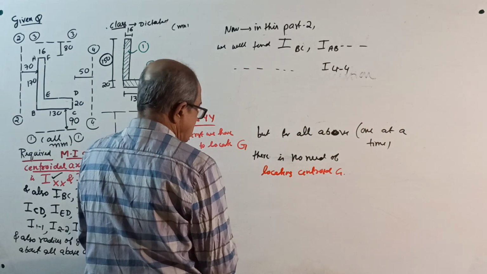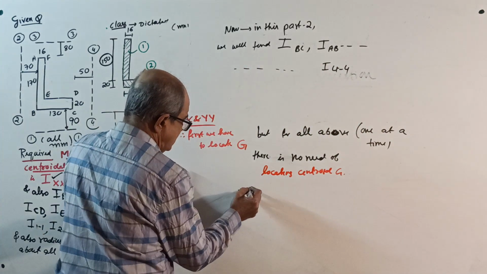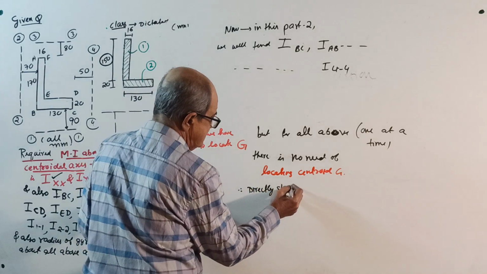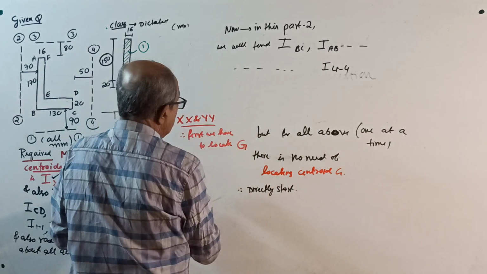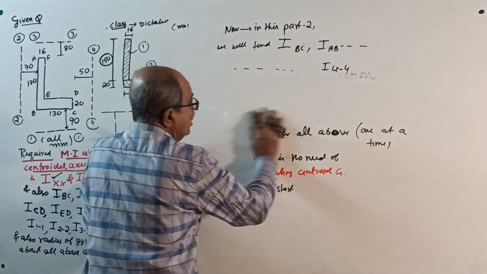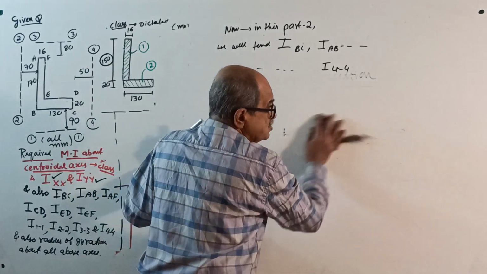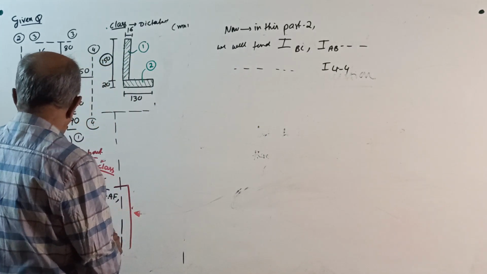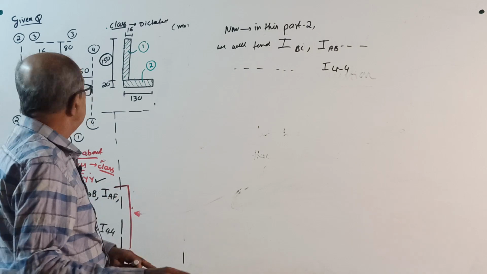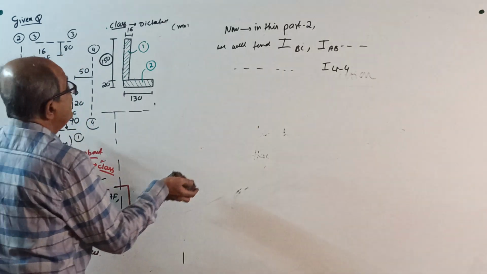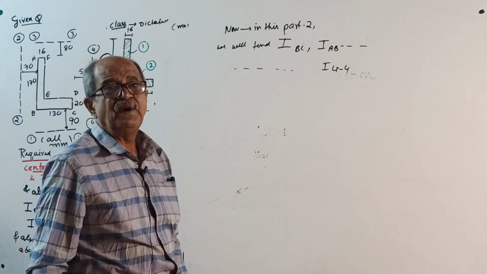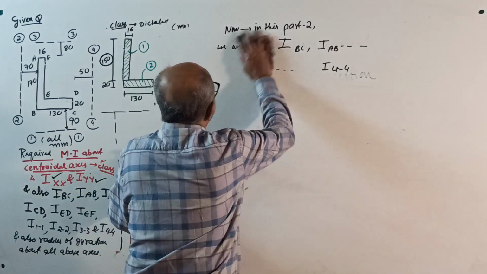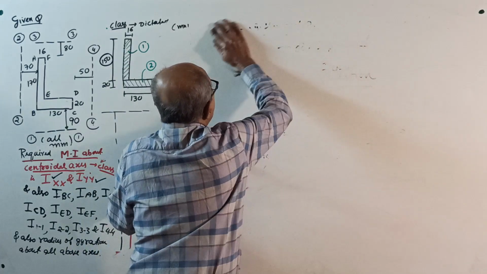Therefore, start directly as soon as the question is given. Or you can make a small note here. Suppose the question is not about Ixx, Iyy; the question is only I about the required axis. Therefore, don't waste time locating the centroidal axis. Even if you locate it, it is a waste of time. So one at a time, we will calculate.